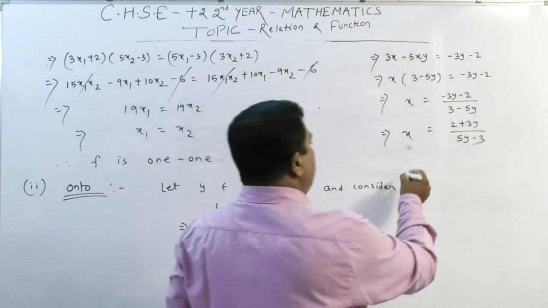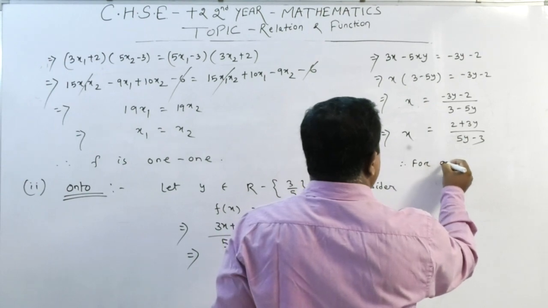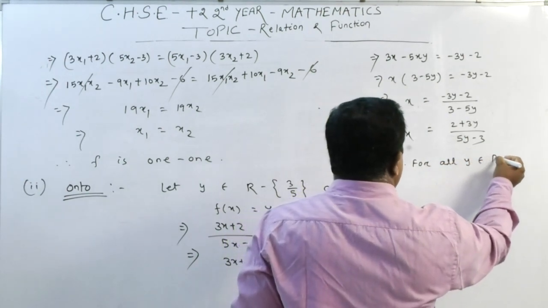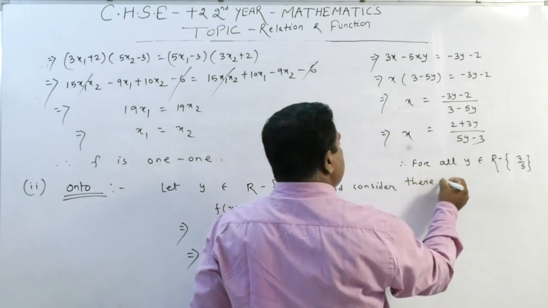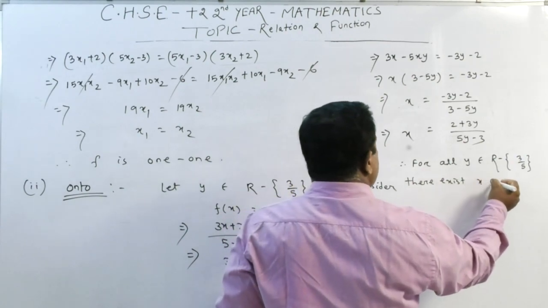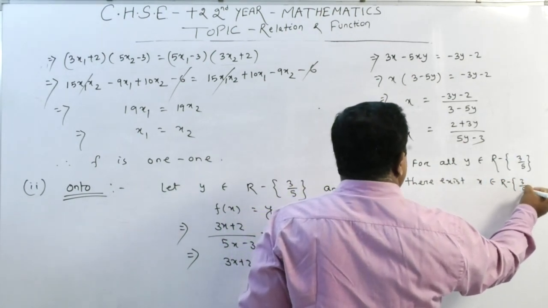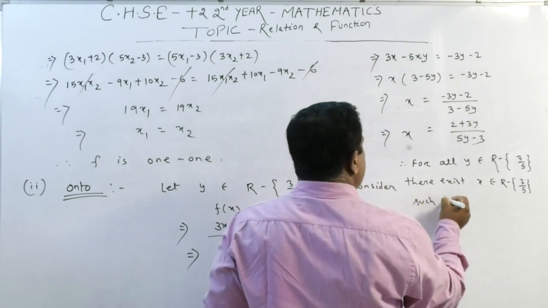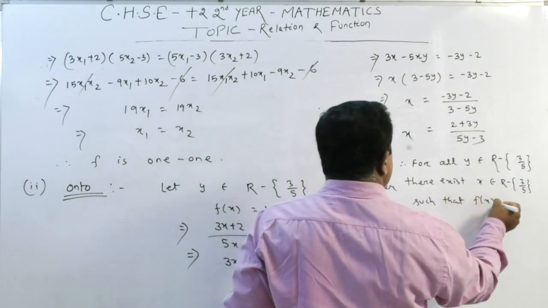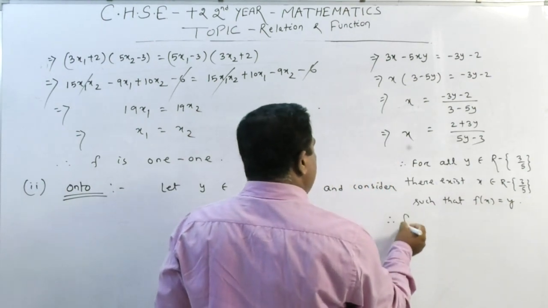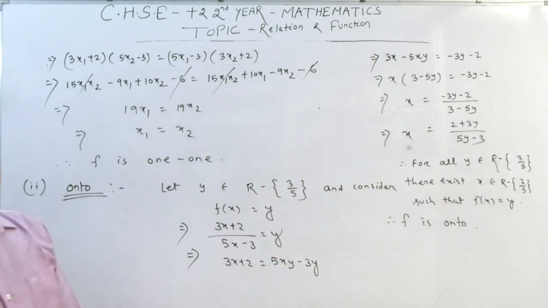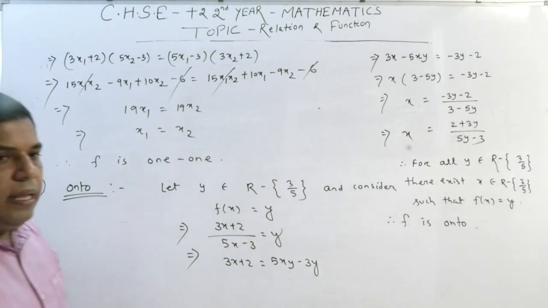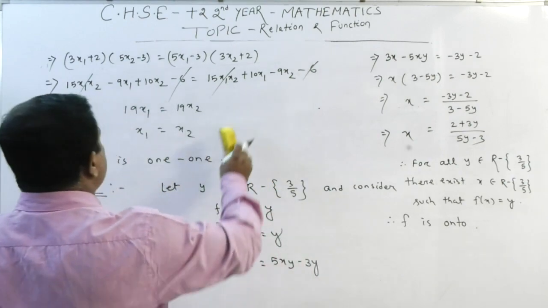So we can say, therefore, for all y belonging to R minus 3 by 5, there exists x belonging to R minus 3 by 5 such that f of x equals y. Therefore, f is onto.